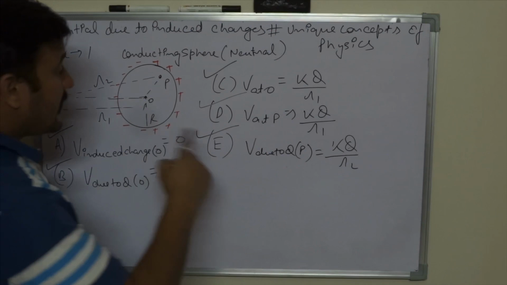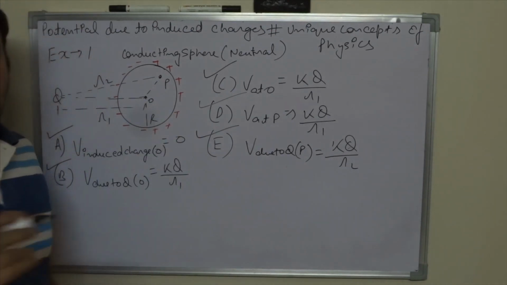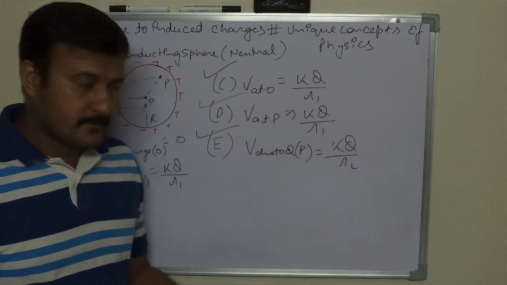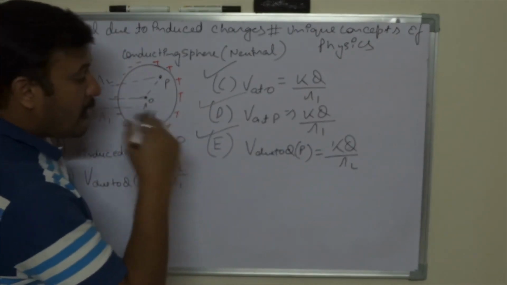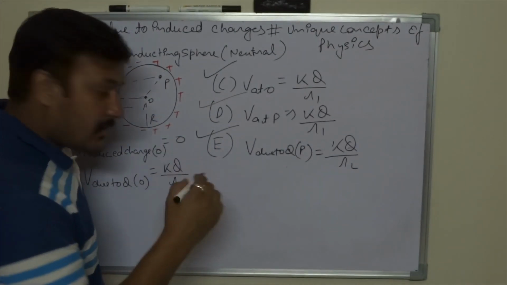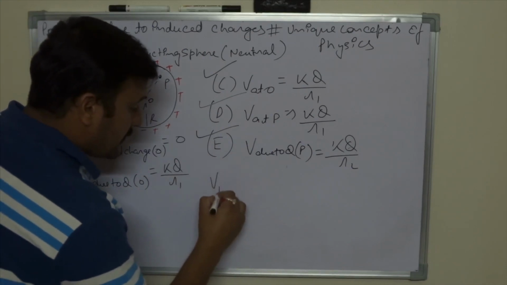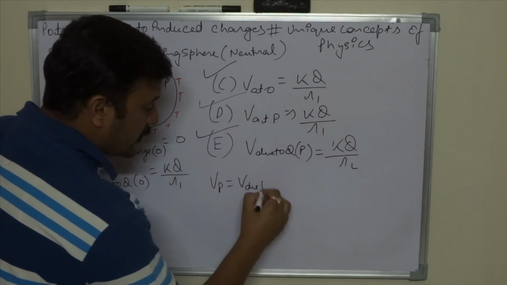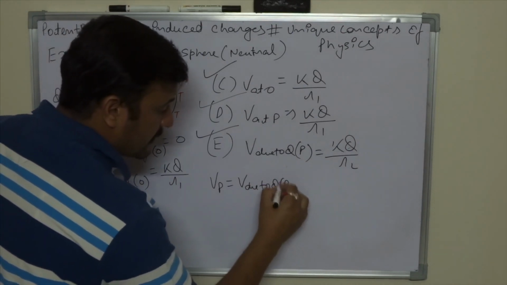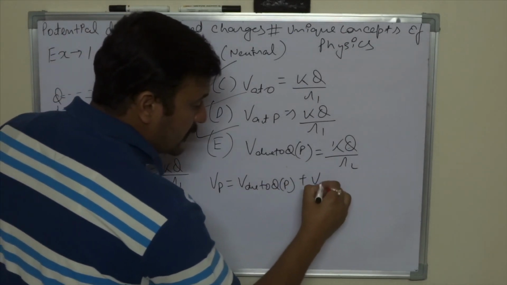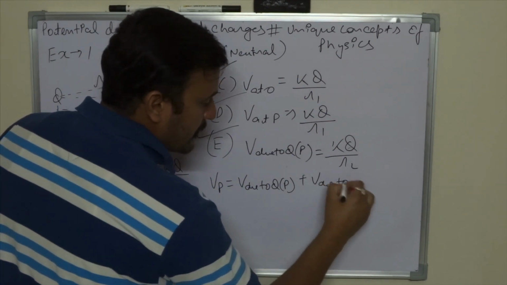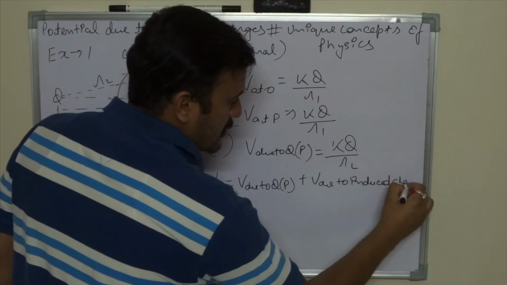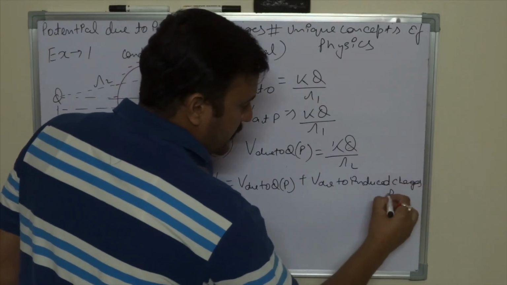I'm not saying the net potential at P, I'm saying the potential due to Q at P. Now, how is it possible? So I'll demonstrate that the potential at P is equal to the potential due to Q at P plus the potential due to induced charges at P.